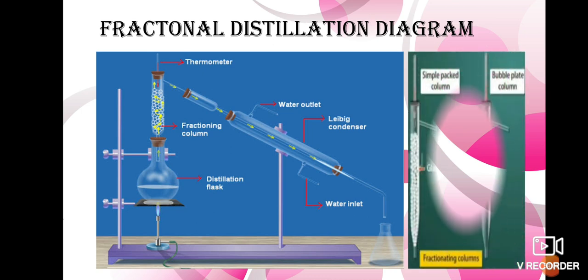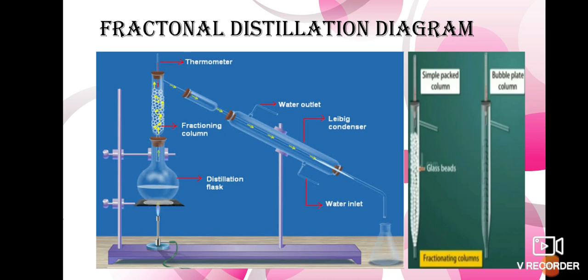See the fractional distillation column. This is the fractionating column, which is prepared by using glass beads. This fractionating column is arranged into the test tube here. The difference between distillation and fractional distillation is this: for distillation we don't arrange a fractionating column.